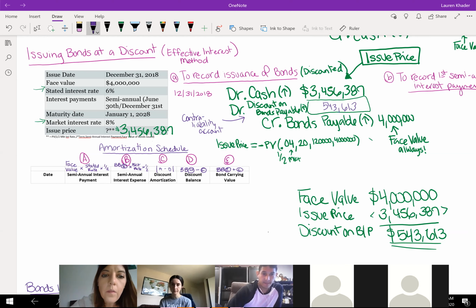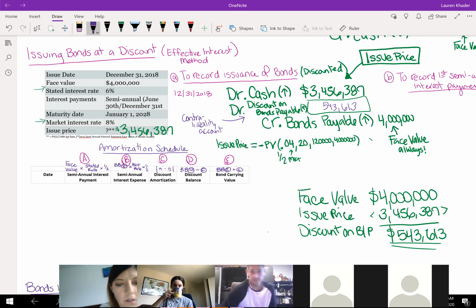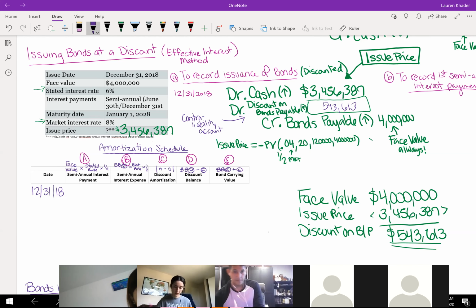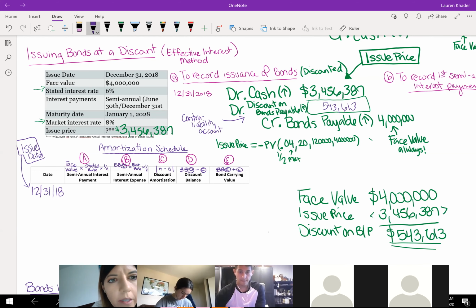We're going to get into the amortization schedule now. The first date in your amortization schedule is always the date of issuance, 12/31/2018. On the date of issuance, do we pay out any interest? Have we had the debt outstanding at all?